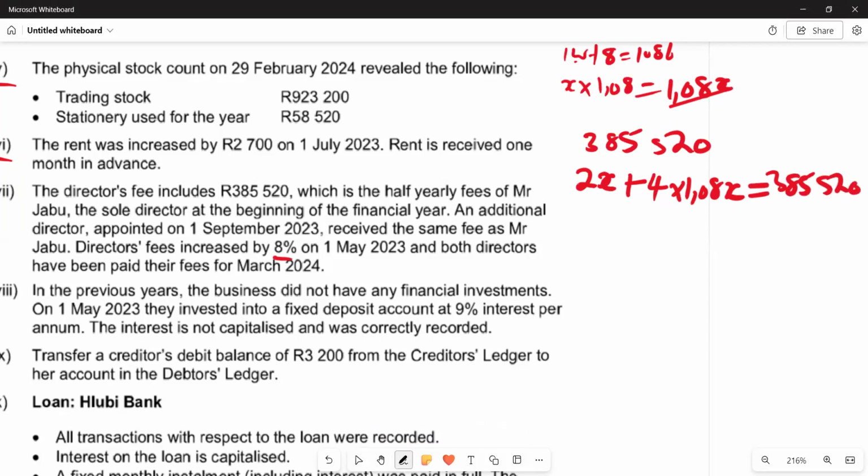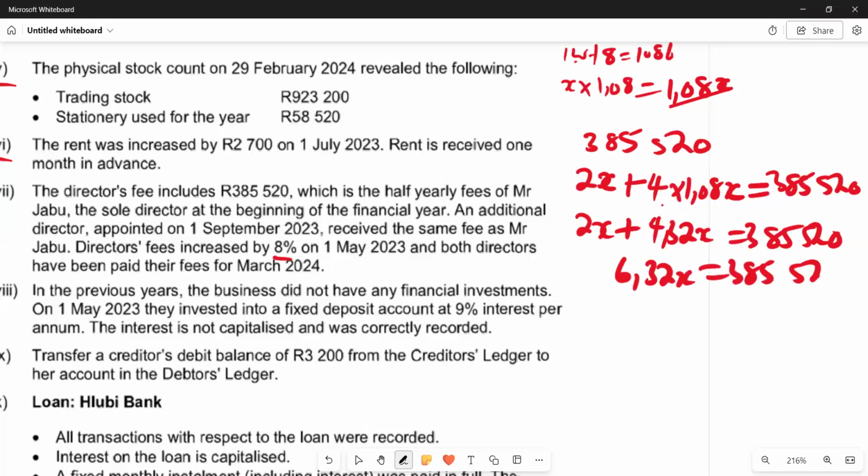So 4 times 1.08 is 4.32X. Then 2X plus 4.32X gives 6.32X equal to 385,520. Then we divide by 6.32 both sides.